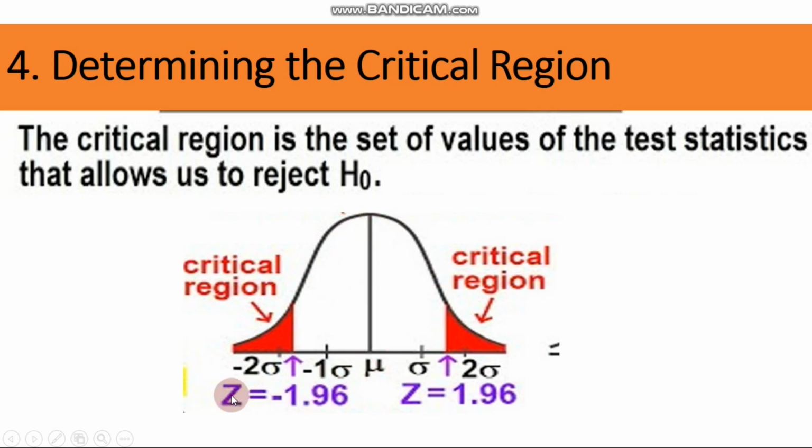If the result lies between plus or minus 1.96, at that time the null hypothesis will be accepted. If the calculated value is more than plus or minus 1.96, the null hypothesis will be rejected.